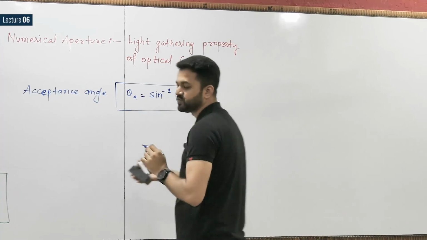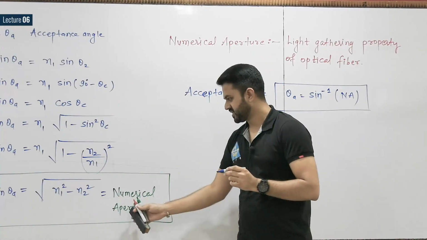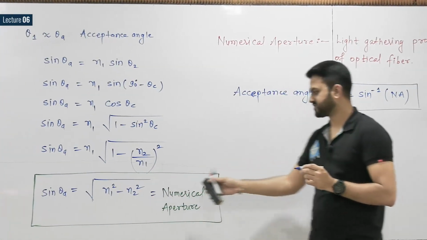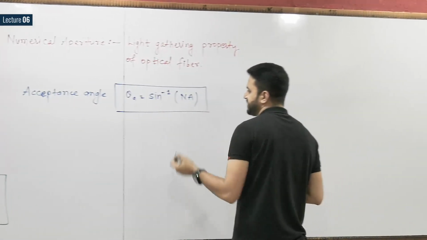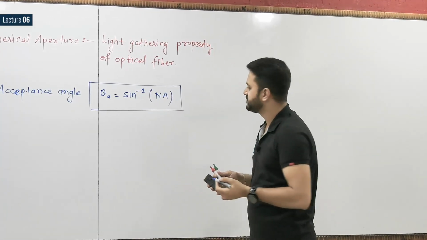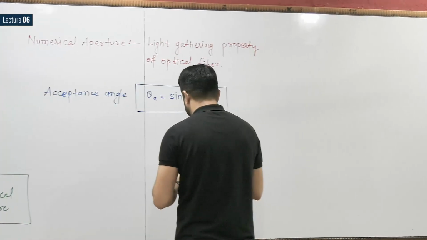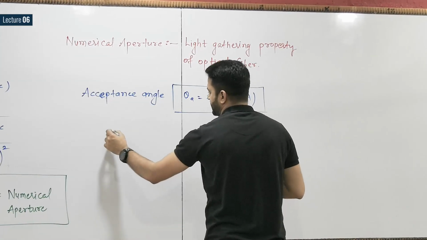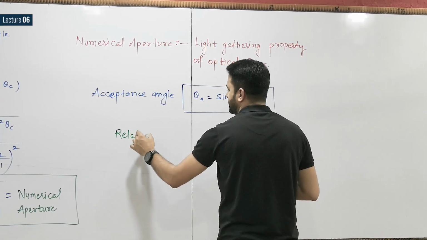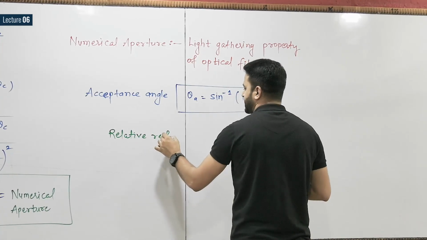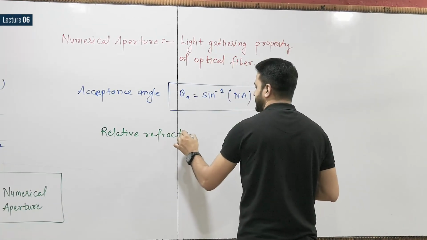So we have got two formulas. One is for the numerical aperture, which is root over n1 square minus n2 square, and another is for acceptance angle, which is sine inverse numerical aperture. Now we can also define one more formula, which is known as relative refractive index difference.